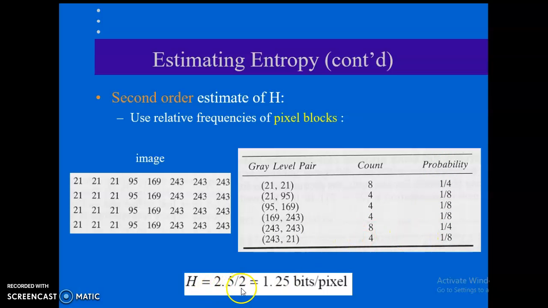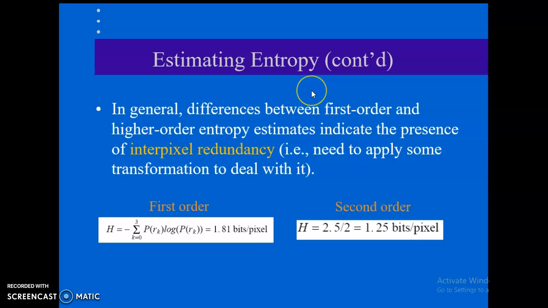H equals 2.5 divided by 2, that is half, which equals 1.25 bits per pixel. Estimating entropy: in general, differences between first order and higher order entropy estimates indicate the presence of interpixel redundancy, that is, the need to apply some transformation to deal with it.